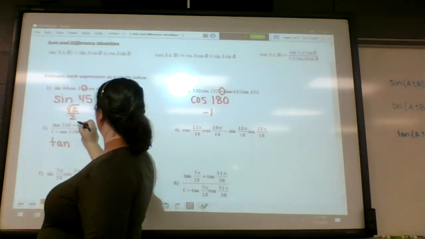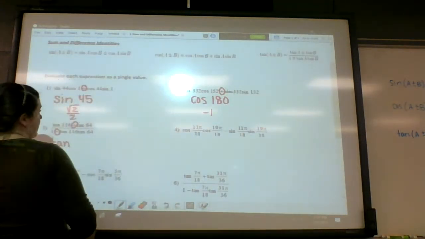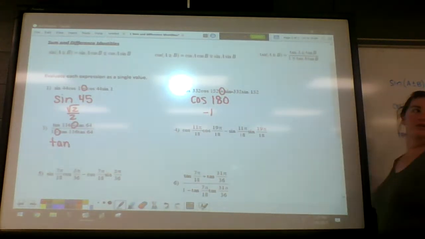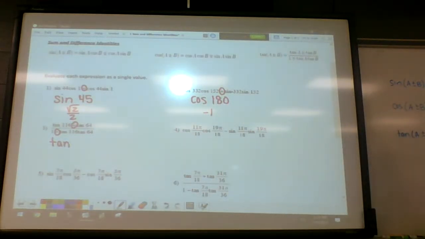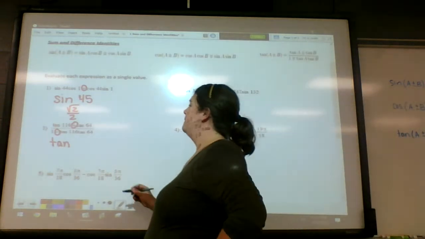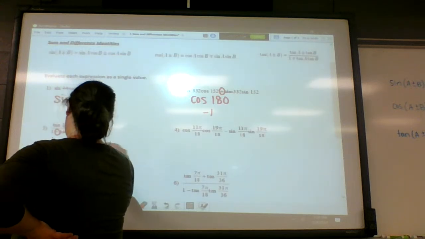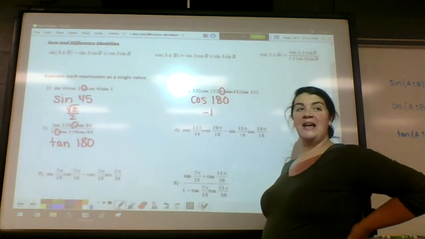We have a plus on the top and a minus on the bottom, so it's going to be plus or minus the angles. They're adding together, yes. So 116 plus 64 is also 180. So this is another way of saying the tangent of 180.